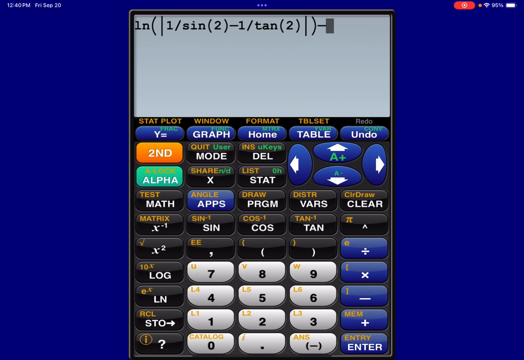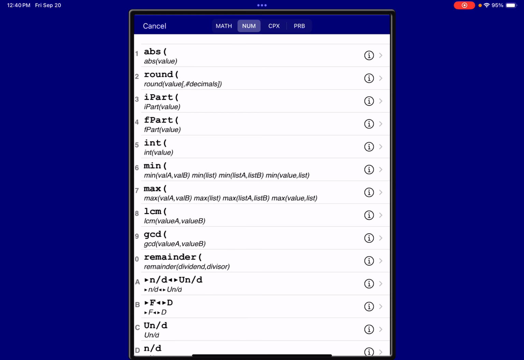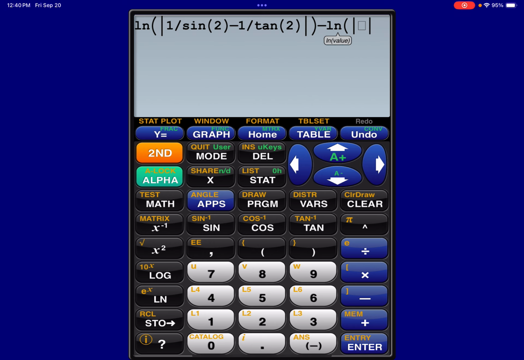And then minus, take natural log, and again absolute value, and then it's 1 divided by sine of 1 minus 1 divided by tangent of 1. And now I need to get outside of the absolute value and then put the parenthesis.